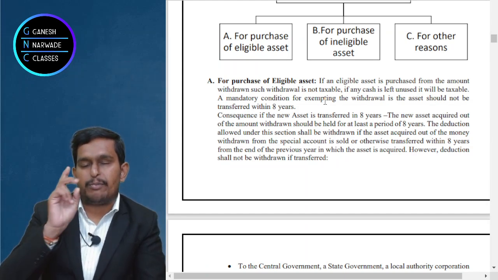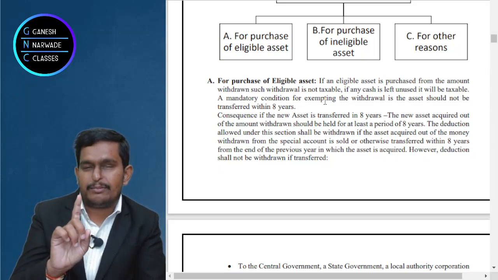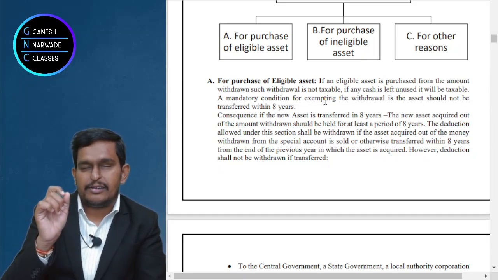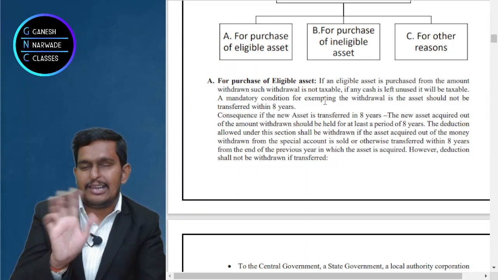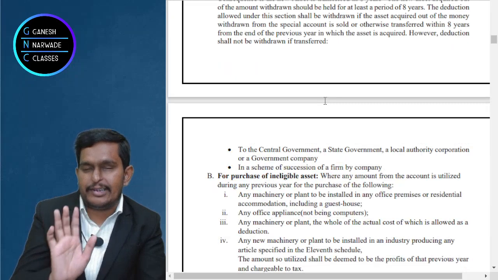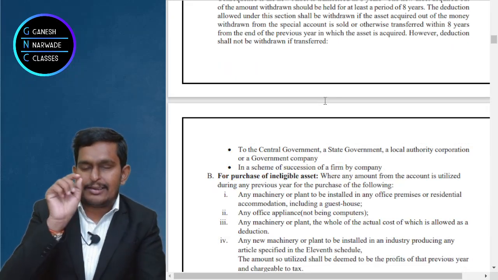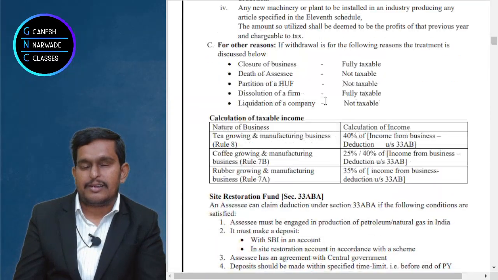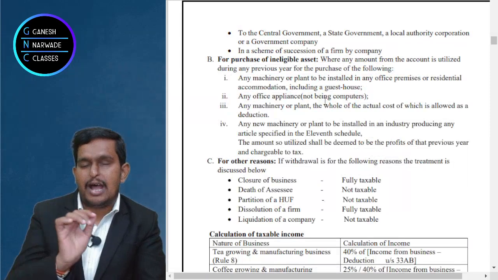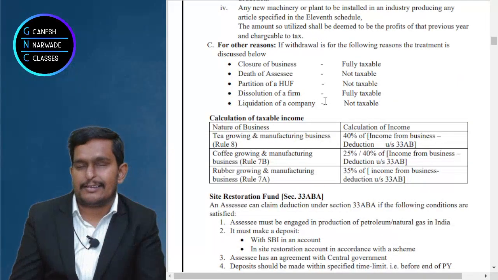So before the brought forward losses are set off, before the 33AB deduction is claimed, we would have got some profit. Incomes minus expenditures, we got profit. Still we did not deduct 33AB, still we did not deduct brought forward loss. Such profit into 40%. Compare that with the amount deposited. Whichever is lower, you can claim it as deduction.